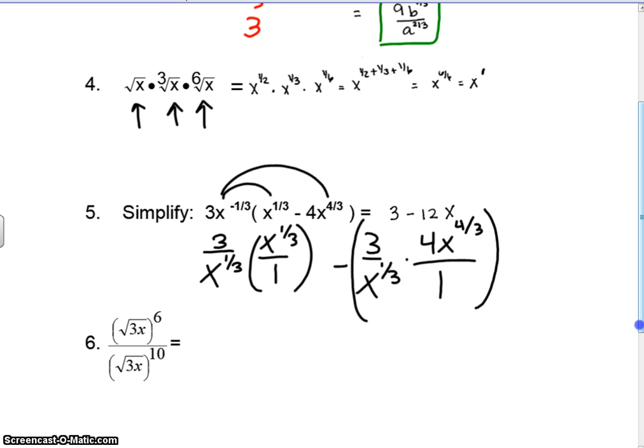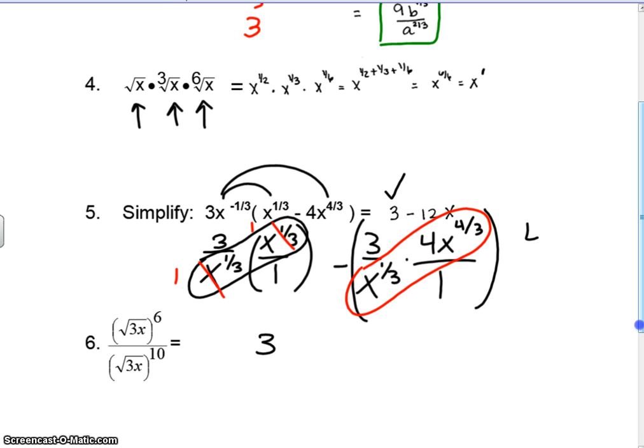Since this is multiplication, I'm going to check the diagonal. I can actually divide x to the 1/3 by x to the 1/3, and those both cancel, or you could say that they equal 1. So the first term reduces to 3, just like we saw in the answer. On the second one over here, if we check the diagonal, to reduce that, you think of it as 4x to the 4/3 power divided by x to the 1/3 power.